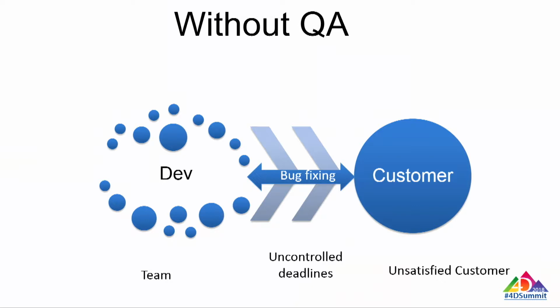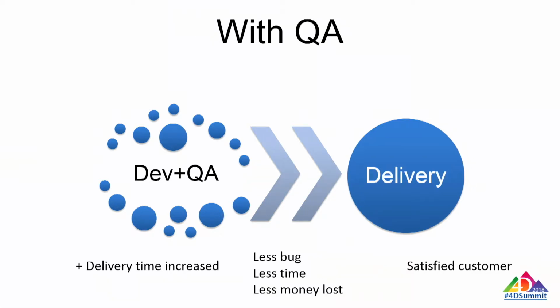So when you deliver your product to the customer, maybe he will detect those bugs for you. And maybe there will be some important and blocking bugs. So he will send the product back to you to fix those bugs. And this will happen for each new feature and each new development. So this will lead to uncontrolled deadlines. And of course, the customer will be unsatisfied.